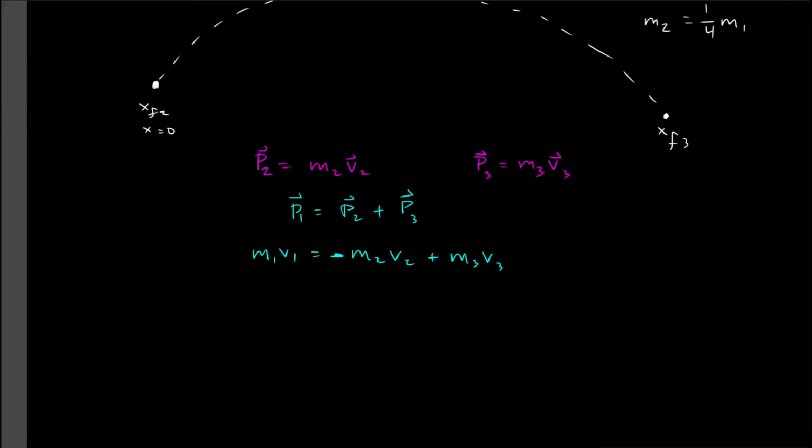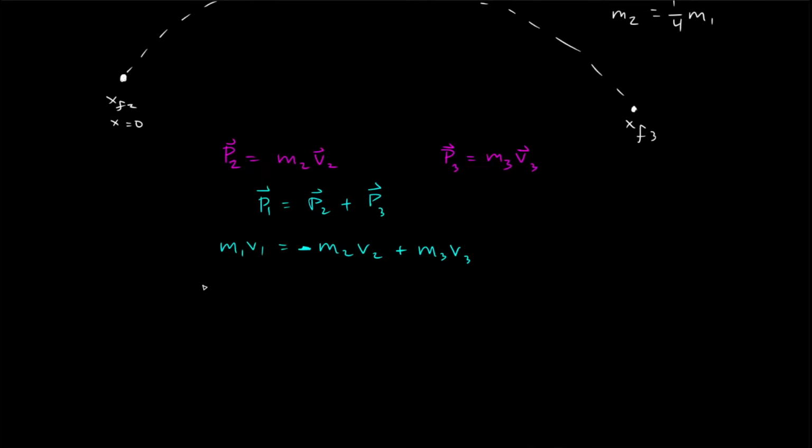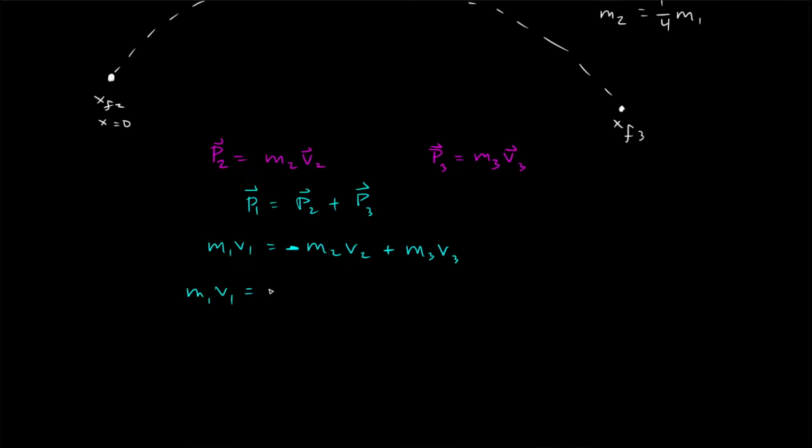Now we can substitute that into our equation. m1 v1, since we're interested in velocities only and not masses, equals negative 1/4 m1 v2 plus 3/4 m1 v3.